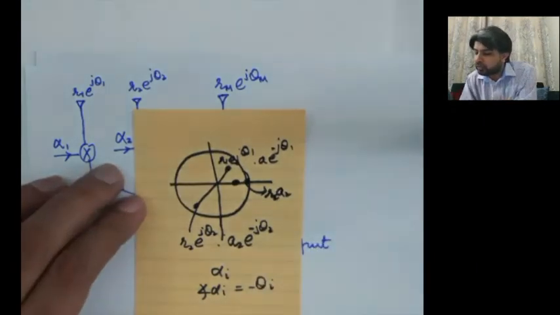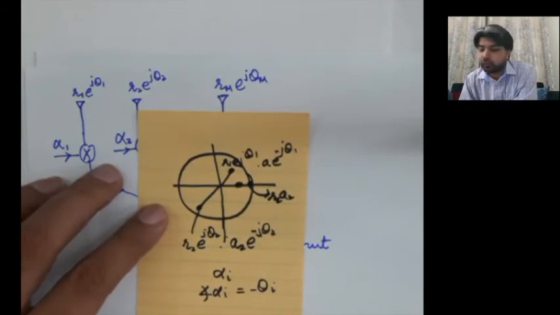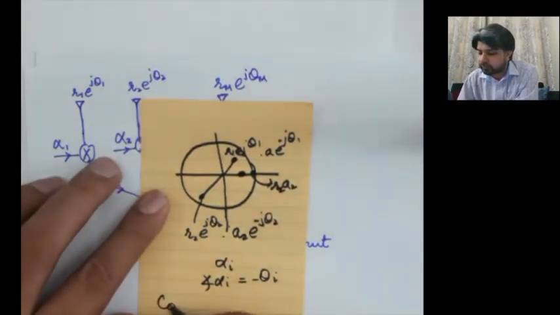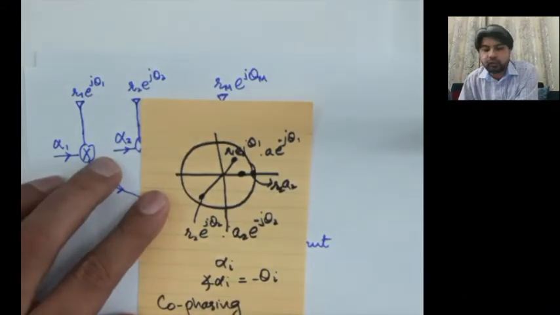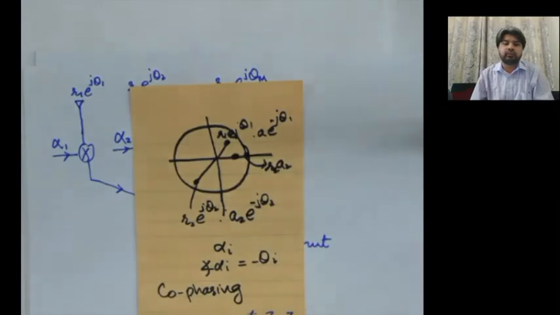That would be the magnitude of this branch. So that mechanism is called co-phasing. Without co-phasing, your receiver output would still be undergoing fading. That's why you multiply with these gains, so that these are co-phased signals.